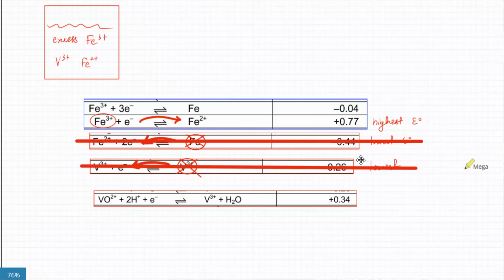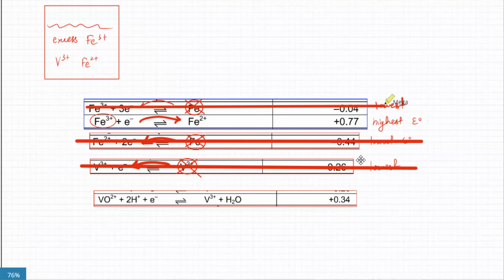It's minus 0.04. I would have to get rid of this one as well because, I mean, it is the lowest, but we need to have iron for that, and we don't have any Fe anymore. So we're going to get rid of this equation as well.